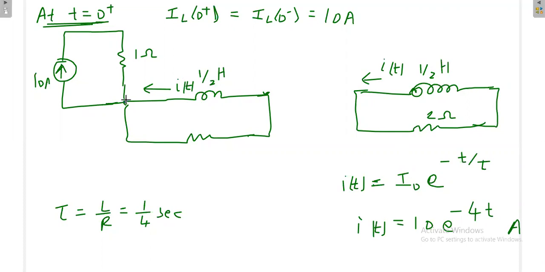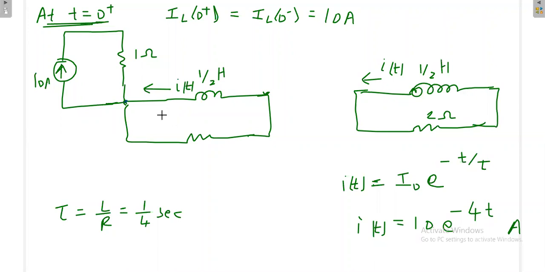Now can I separate this or not? That is the question. Anybody, any idea? Are you all on the line? Yes. Can I separate this circuit? Because if you are not able to separate, this 10 ampere may have some effect here.